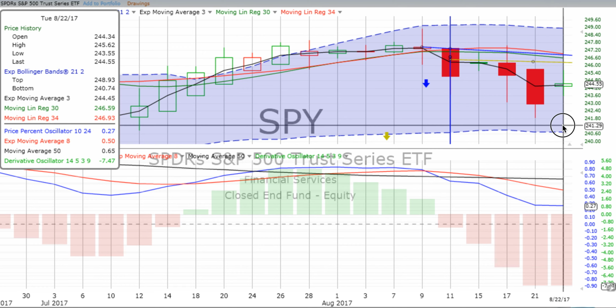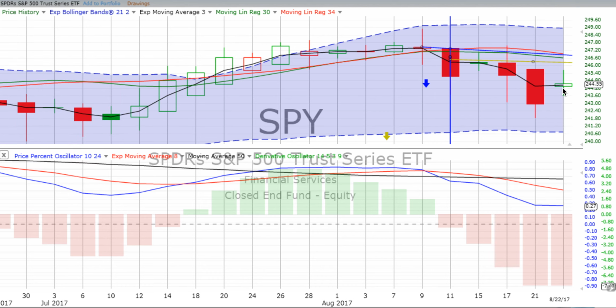And of course, we see here on Tuesday afternoon, we have a green spinning top with a wick on the bottom and on top, which means indecision. Derivative oscillator is where it was on the candle ending on the 21st. And we see that the huge move down in our price percent oscillator has flattened out, still trending down.